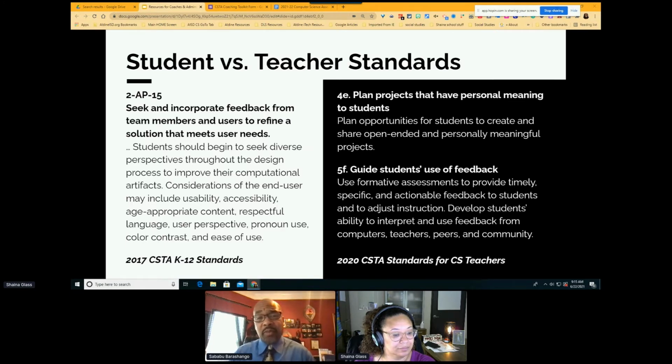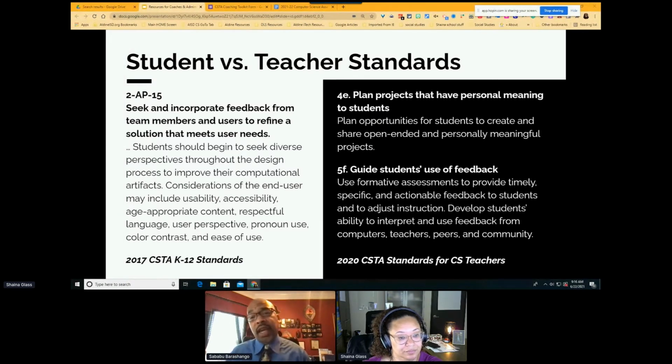So in this example, there's one topic dealing with feedback. On the student side: seek and incorporate feedback from team members and users to refine a solution that meets user needs. On the educator side, what does the standard look like?